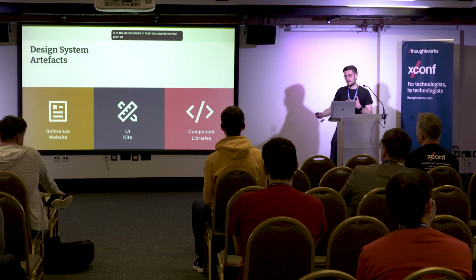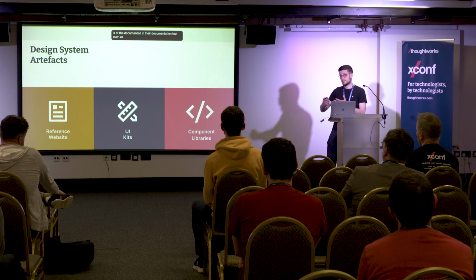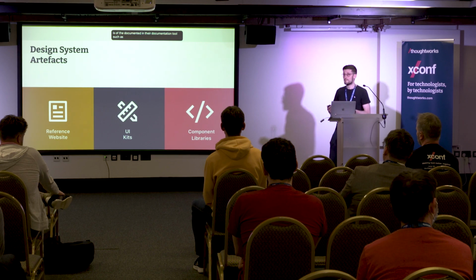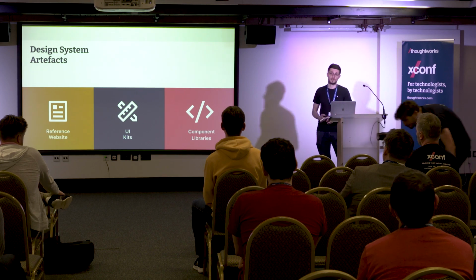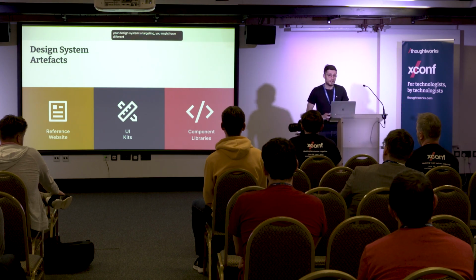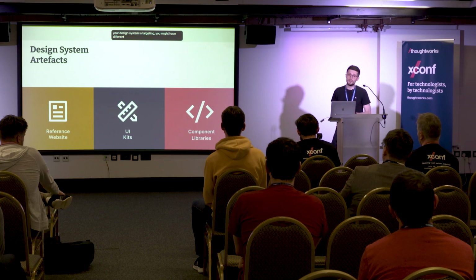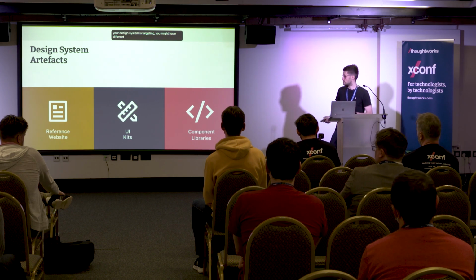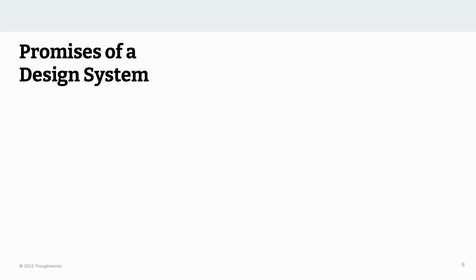And depending on what your design system is targeting, you might have different libraries, because if in your organization you have teams using different frameworks, you might also have different component libraries.